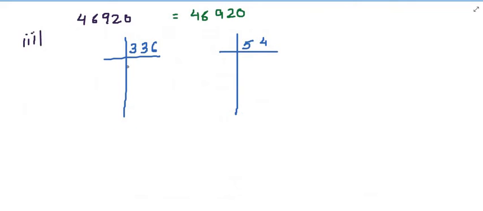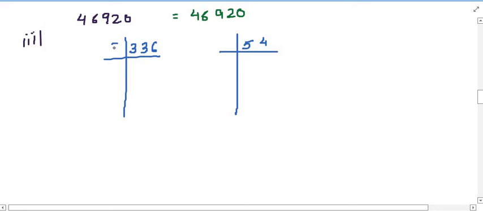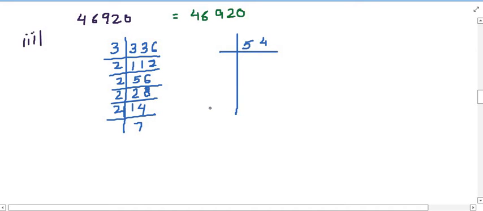Start with 336. We'll start with 3. It will be 112. Then we will go with 2, 56. 56 is divisible by 2, then 28, then 2, it's 14, and then 2, then it is 7.